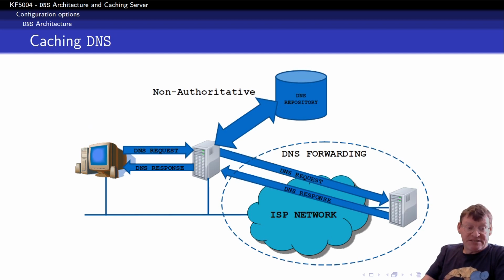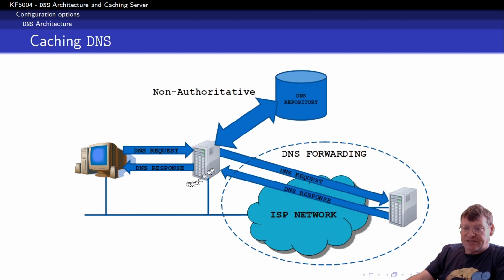Well, when we do the basic installation, what we have is a caching server, and it works in a very specific way. We have our machine on the network, which we can see here, and we run a request for a name translation. We send our request to our DNS server, the server where we've just installed. Let's follow this through as though my DNS request was for google.com.